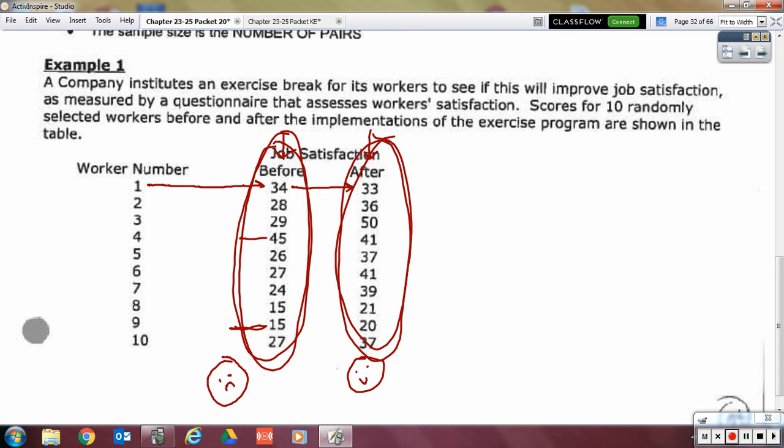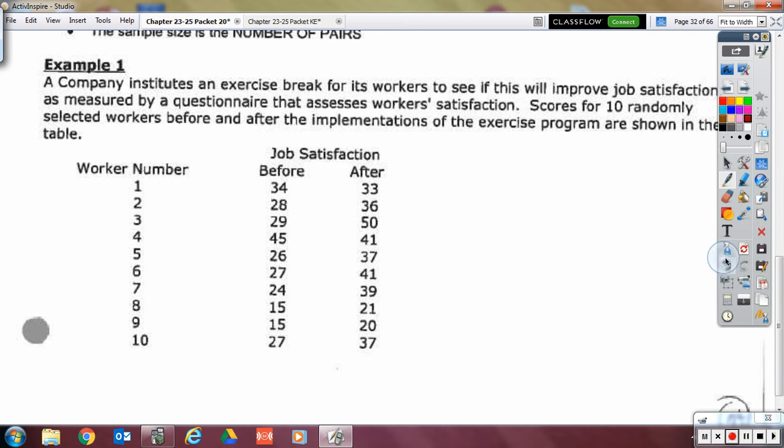Okay, so the good thing to do is to reduce all those variables and to just pair up the people's own score. What happens whenever I just pair up this person's before with this person's after? I'm really actually only interested in the difference. Very good. I don't care where this person started or where this person ended. I care about what the difference was.